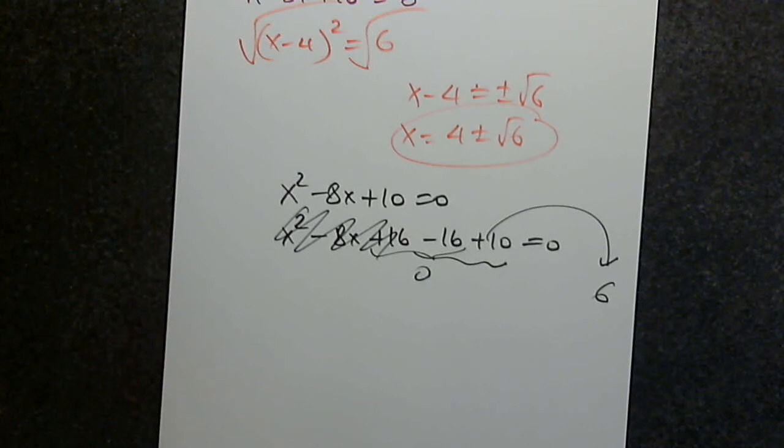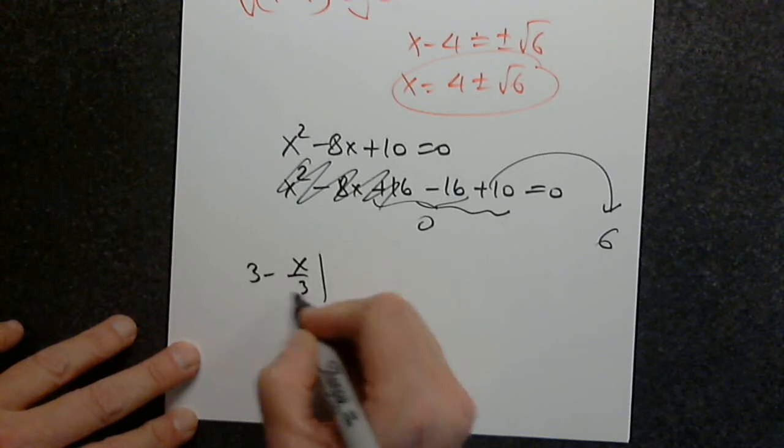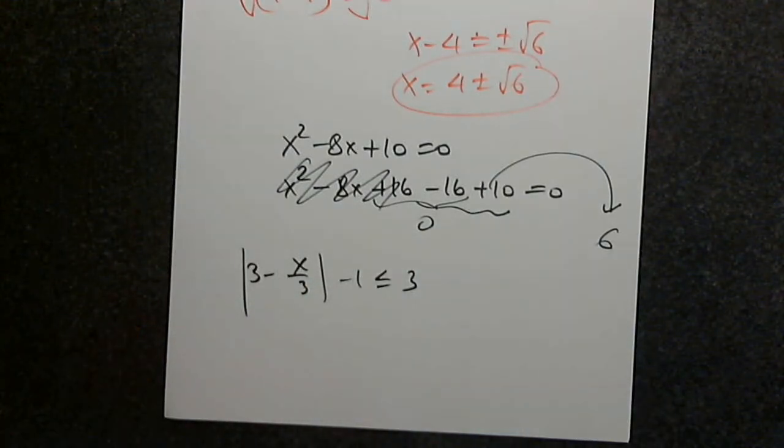Okay, inequalities, linear inequality, absolute value inequality. Absolute value, very good. So we have the absolute value of 3 minus x over 3, minus 1 less than or equal to 3.